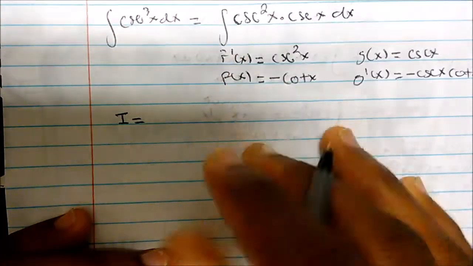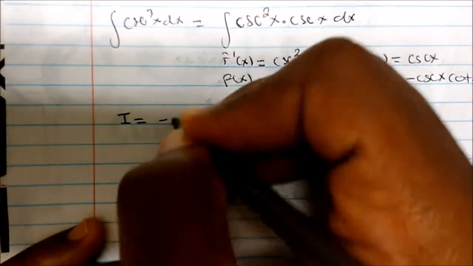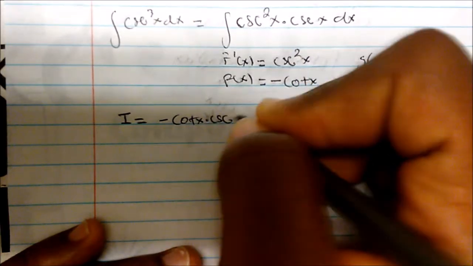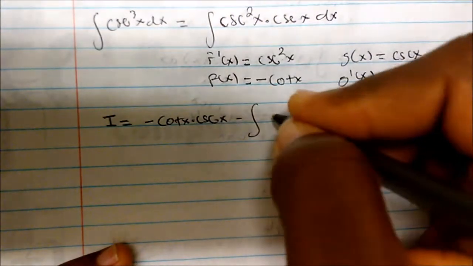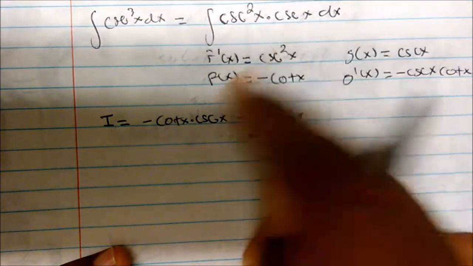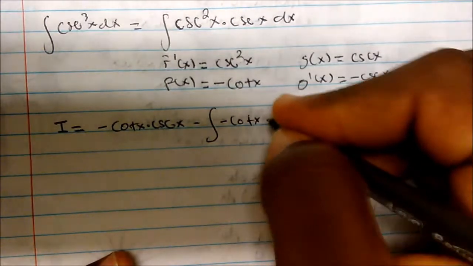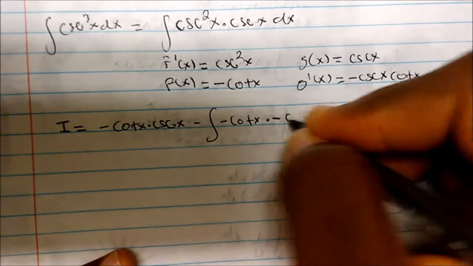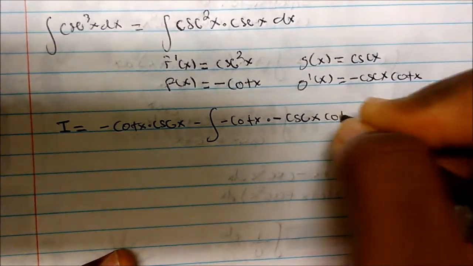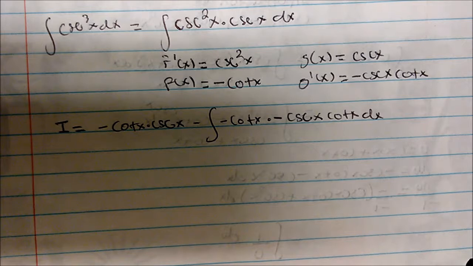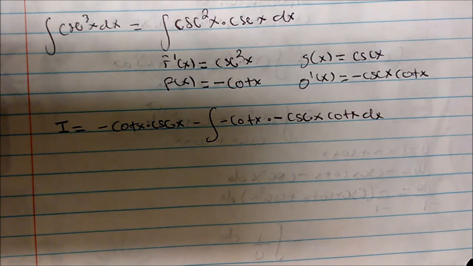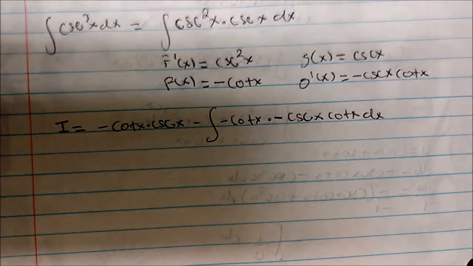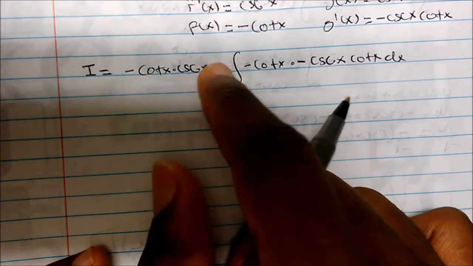Okay, and so if we want to do integration by parts, my integral is going to be given by f of x times g of x. So this becomes negative cotangent of x times cosecant of x minus the integral of negative cotangent of x, which is f of x, times g prime of x, multiplied by negative cosecant of x, cotangent of x dx. Well, what does this allow me to do? If I look at this, I have 3 negatives here, 1, 2, 3.